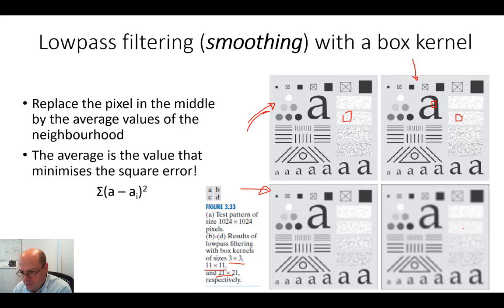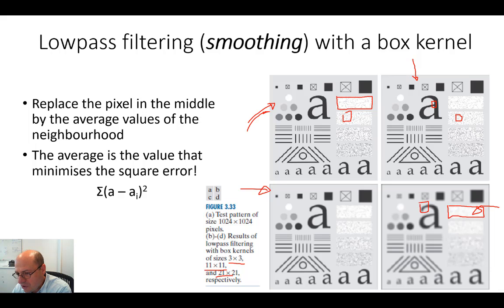And a kernel of 21 by 21 results in this region. So you can see that if you interpret this kind of pattern here as noise in the image, by blurring you got rid of some of this noise.